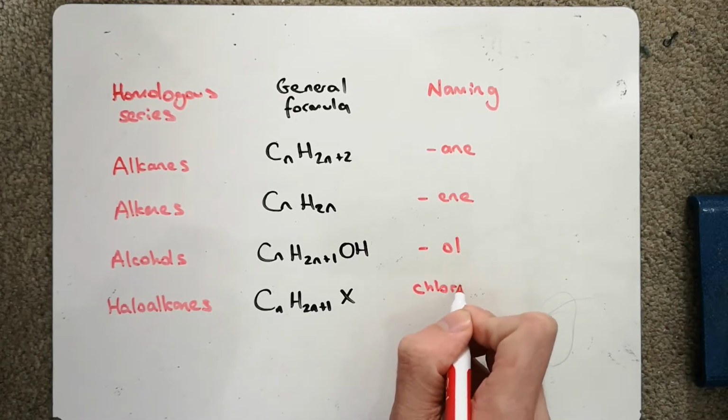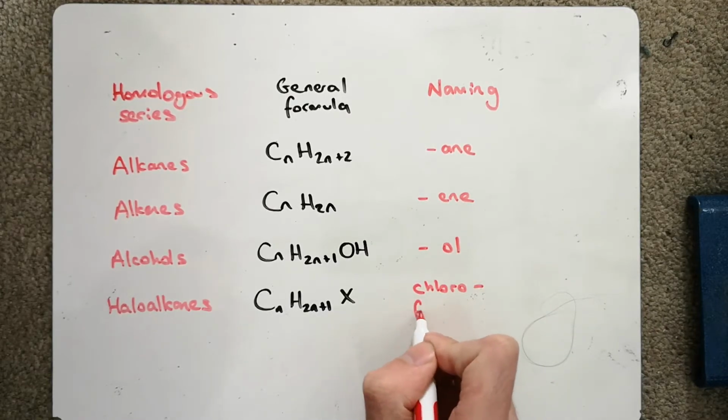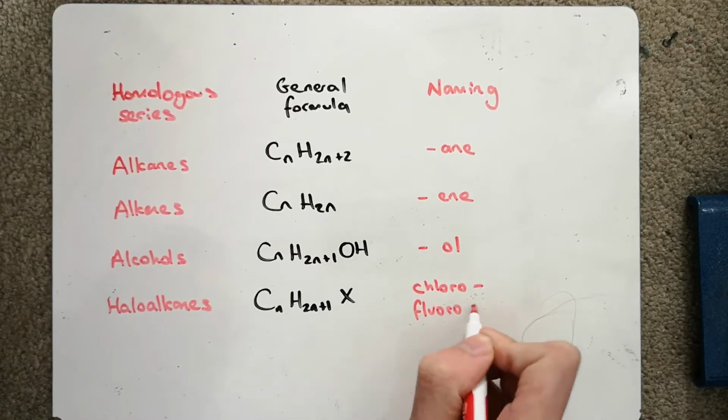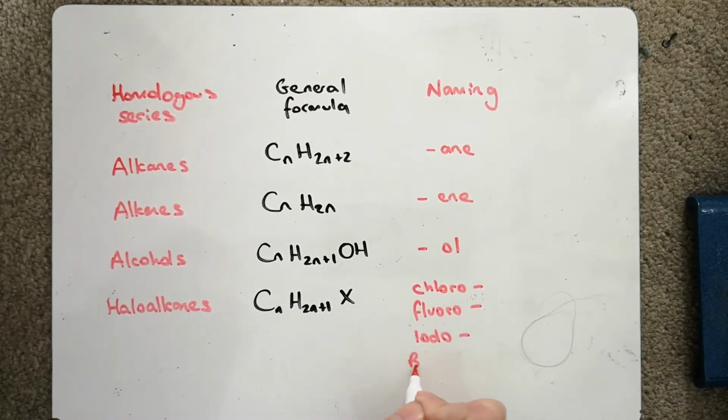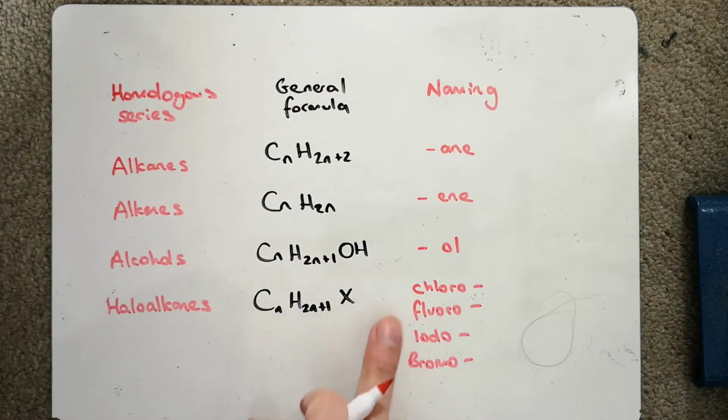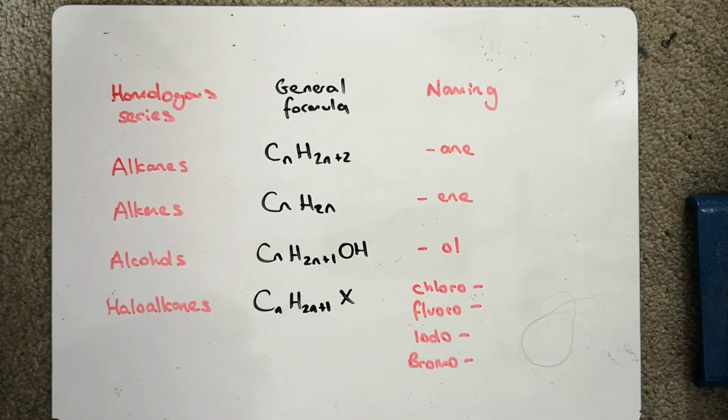So for instance, we'll get chloro if we have a chlorine compound, fluoro if we have a fluorine, iodo if it's an iodine, and bromo if we have a bromine. So depending on what X is, you get a different prefix for it. And that's the homologous series, and then the 4 different compounds we're going to look at.